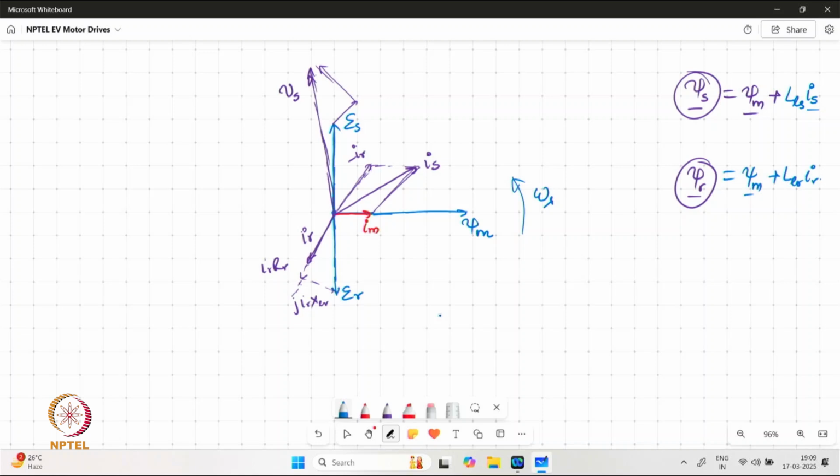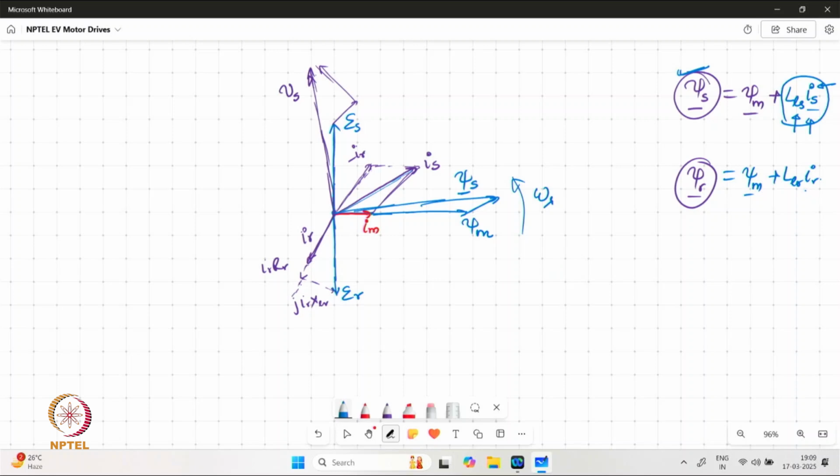Which means we have to add vectors along the current vector Is to psi m to obtain the vector psi s. So if we have the Is vector going in this direction, we need to add a component which is scaled by LLS, and add these two vectors to generate the psi s vector.